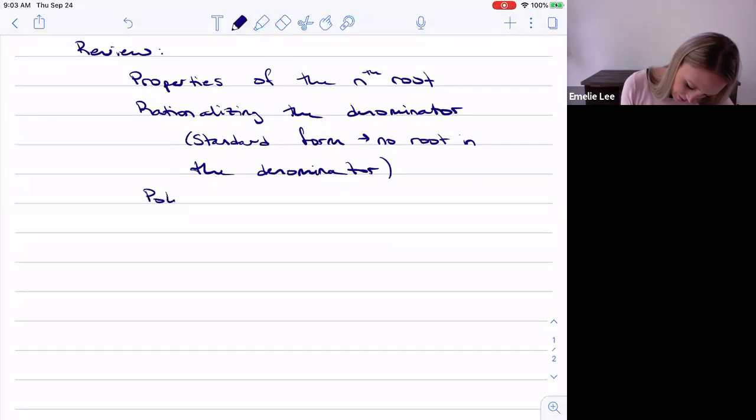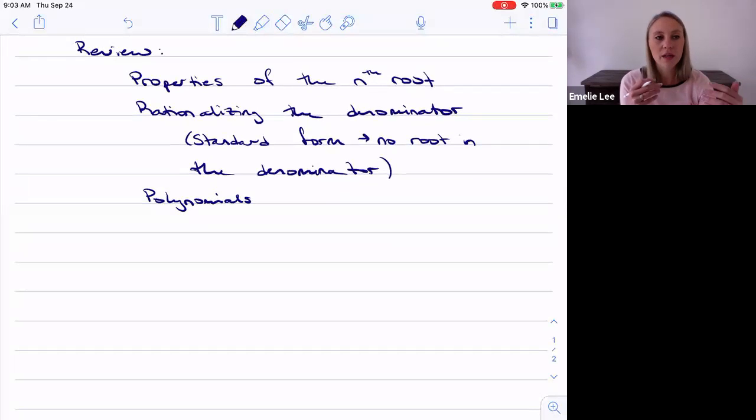Then we went on to talk about polynomials. We started section 1.3, where we started talking about different terms around polynomials. A polynomial of degree 4 means that the highest power of the variable, typically x, is 4.